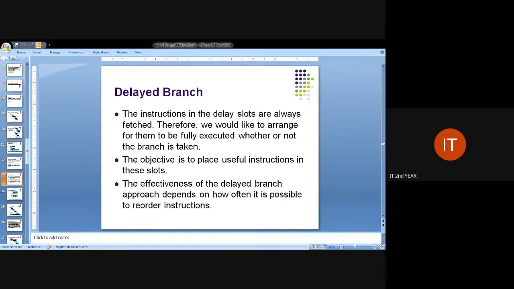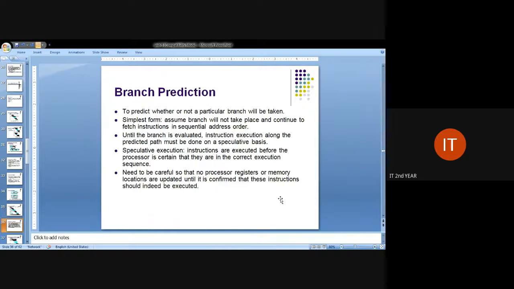Okay, so delayed branch. Suppose there is a possibility of a hazard occurring, we can delay a particular set of branch instructions so that the previous instruction will be executed fully and we can move on to the next instruction. Then branch prediction is to predict whether or not a particular branch will be taken. Assume the branch will not take place and continue to fetch instructions in sequential address order.